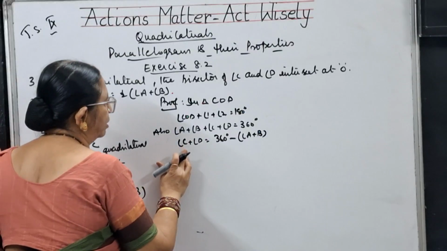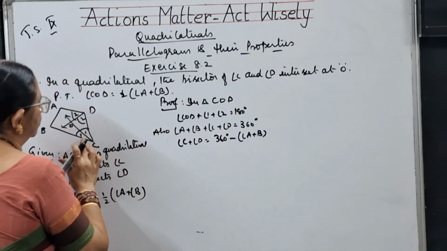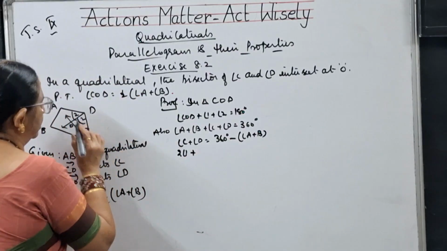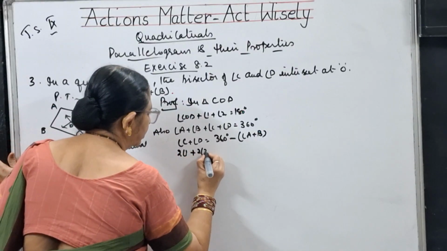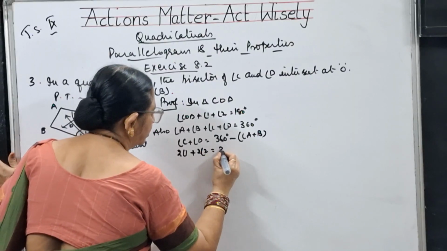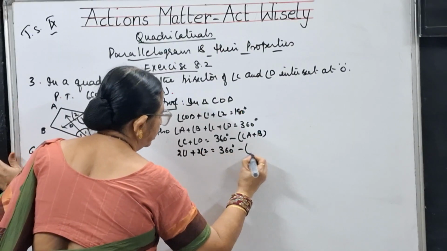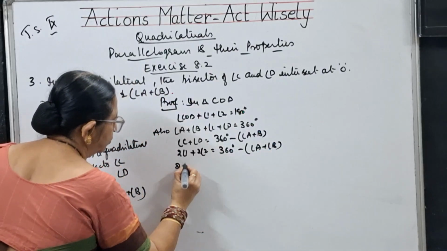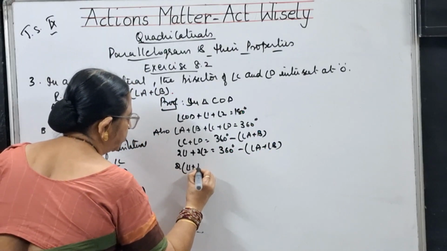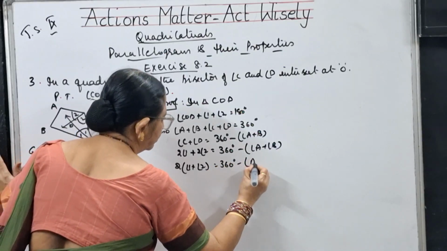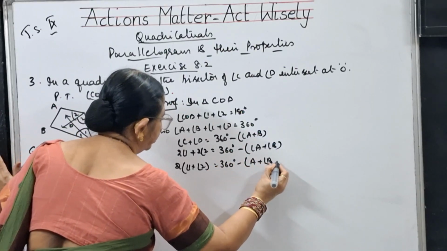So angle C means what, children? Angle C means 2 times of angle 1 plus angle D means 2 times of angle 2 is equal to 360 minus of angle A plus angle B. That means 2 into angle 1 plus angle 2 is equal to 360 degrees minus angle A plus angle B.